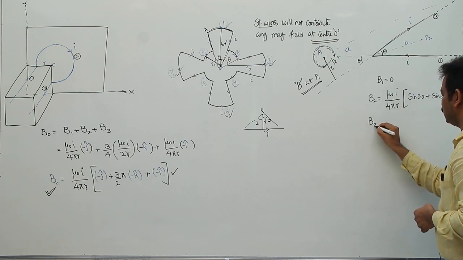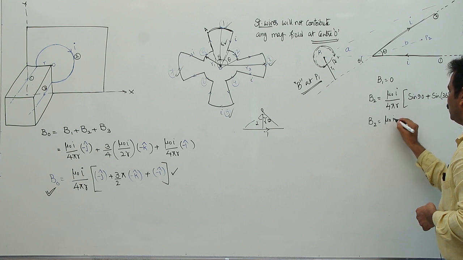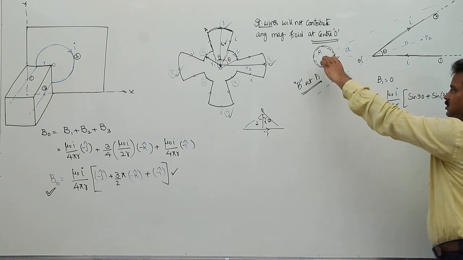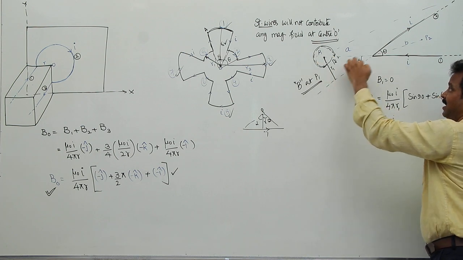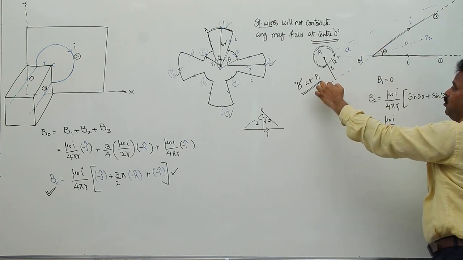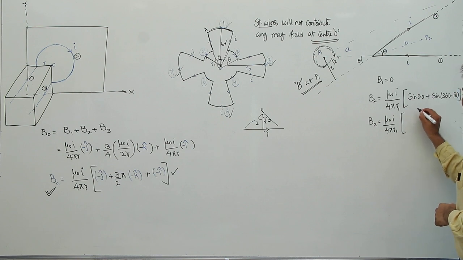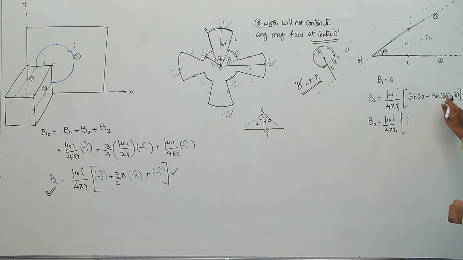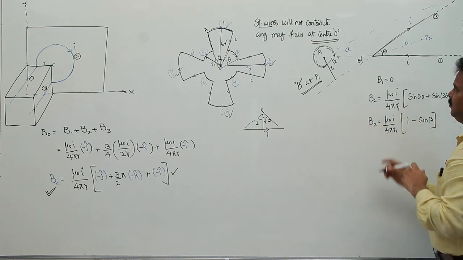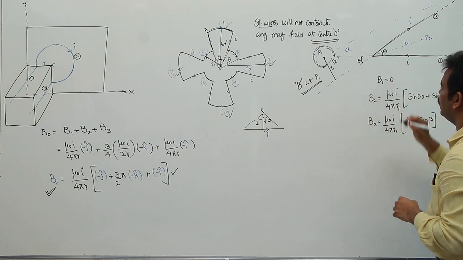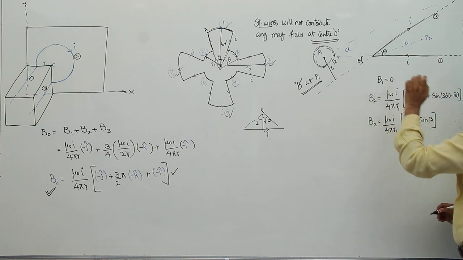So this is the expression. Now let me simplify this one. B2 is equal to mu naught times I by 4 pi R1, where R1 is the distance from this point to the line joining the extended wire here, into sine 90, which is 1. Sine 360 minus beta will be minus sine beta. But in the problem diagram only theta is given, so I need to replace beta with theta.